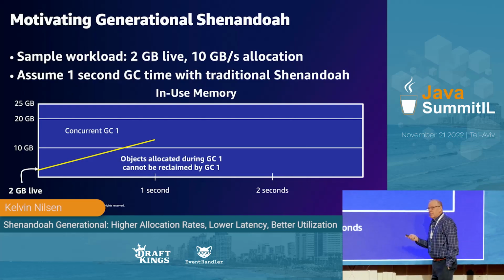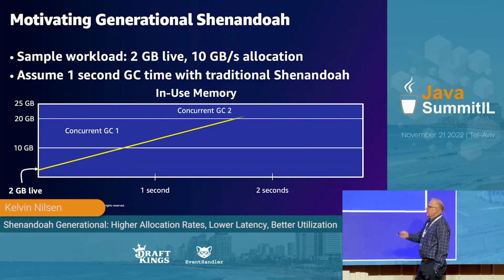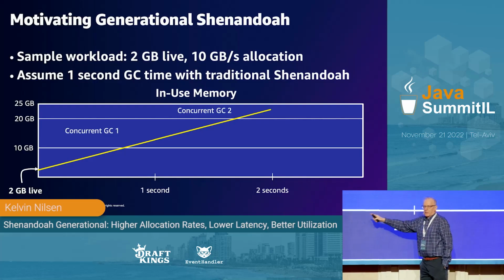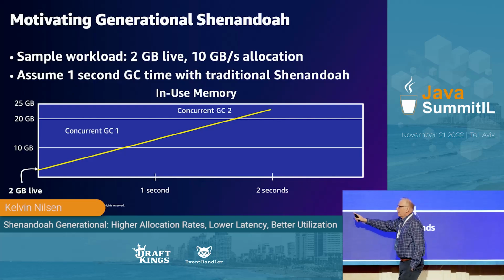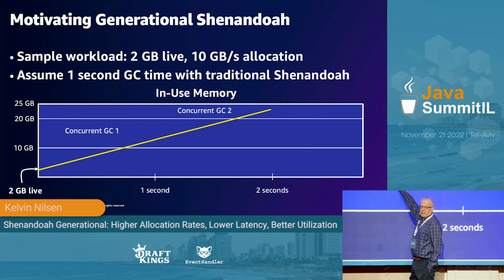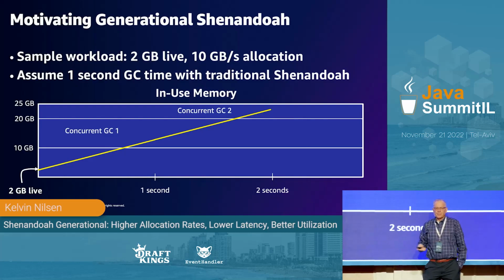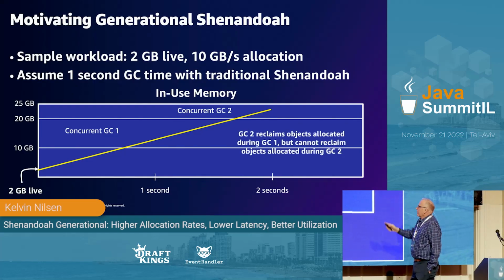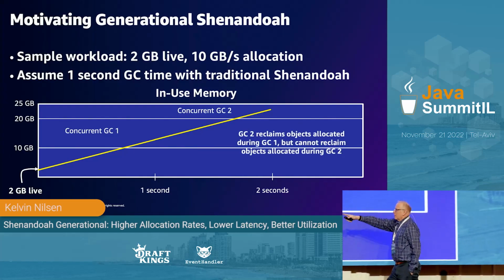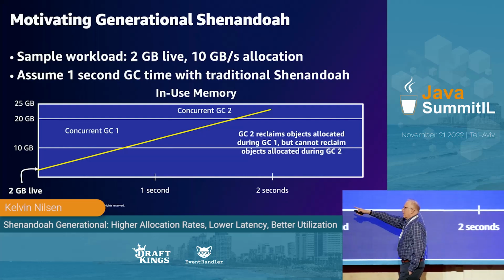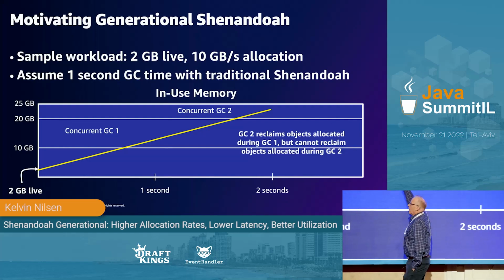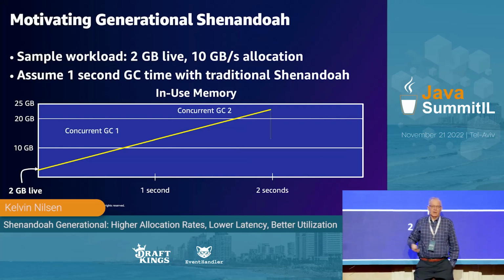Now, I continue to run, and it takes me a whole other second to finish the next garbage collection pass. So by now, I've allocated 20 gigabytes of memory in 2 seconds. And it's not until now that I can reclaim the objects that were allocated and became garbage here. But I can't reclaim the objects that were just allocated here.